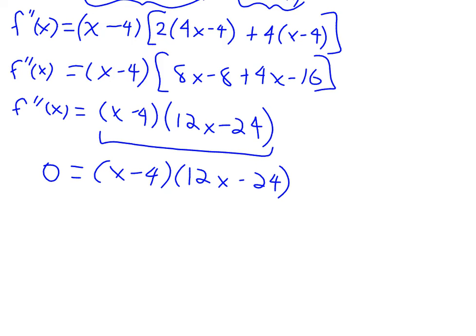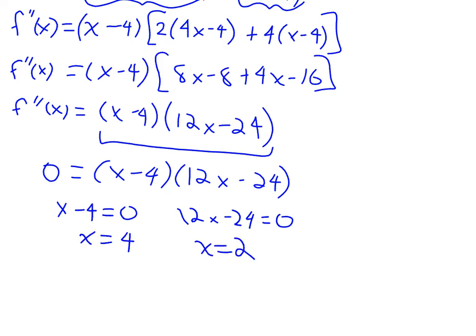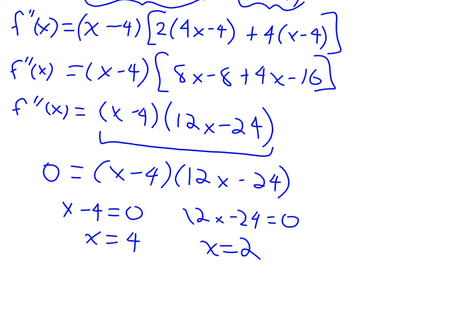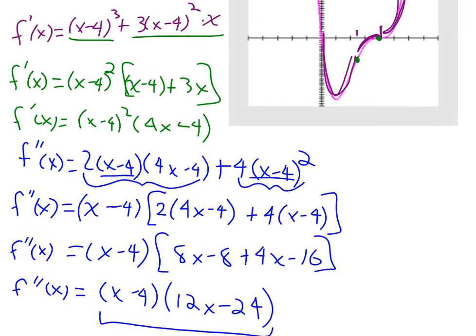This is already in factored form, so I get x minus 4 equals 0, or 12x minus 24 equals 0. So x equals 4 and x equals 2. So it looks like my points of inflection are at x equals 2 and at x equals 4, right?